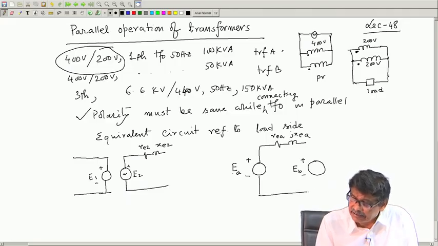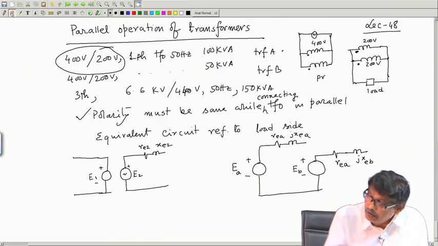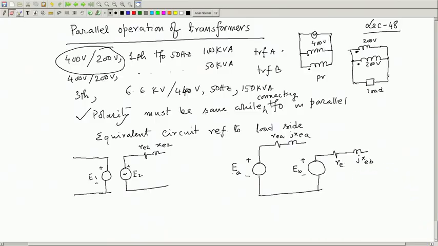So, this is the second transformer, and it will have its resistance and leakage reactance all referred to the secondary side. Suppose this is the thing, and here I have paralleled them, and here is your load.